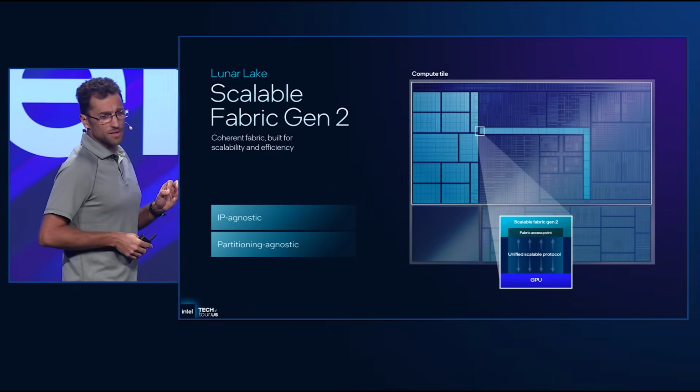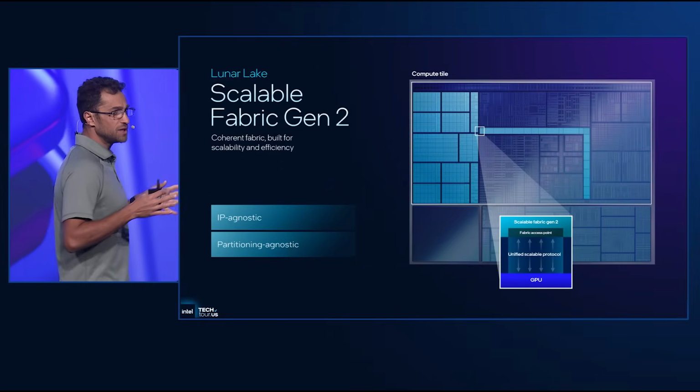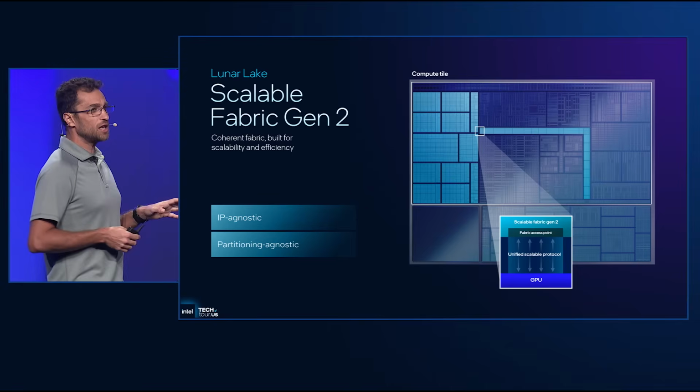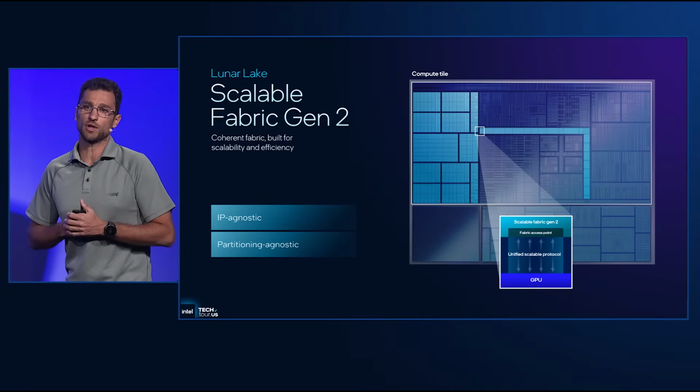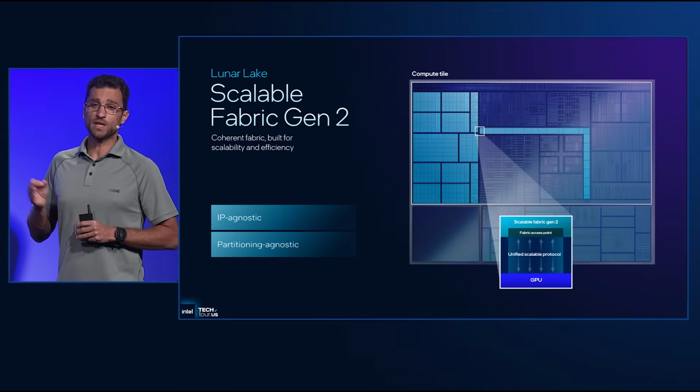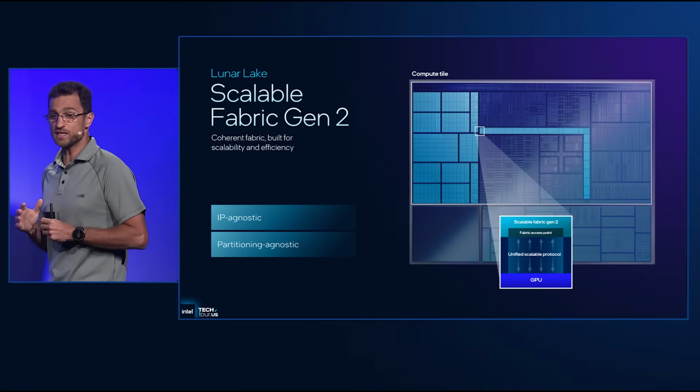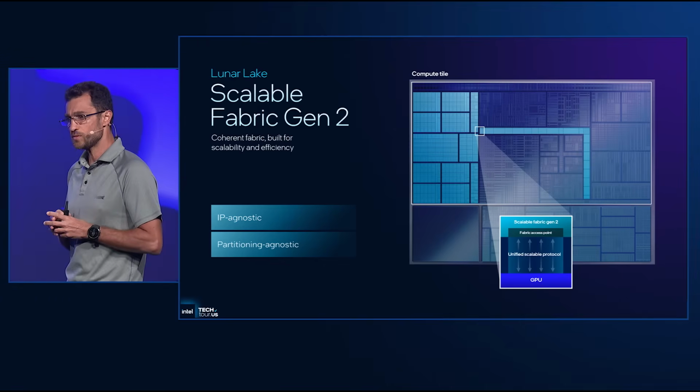The primary element of the architecture for scalability is the Scalable Fabric Gen 2, which originally was developed in Lunar Lake. There are three key elements that make this fabric so special. First, it can be used over multiple physical layers. Specifically in Panther Lake, it is used for Foveros advanced packaging.